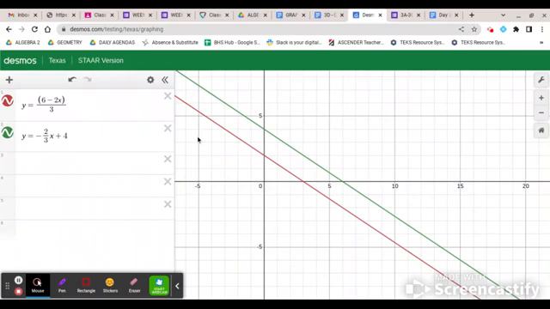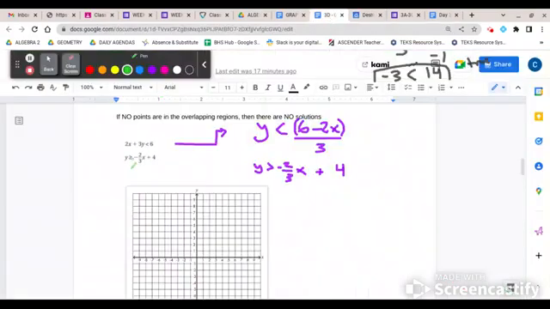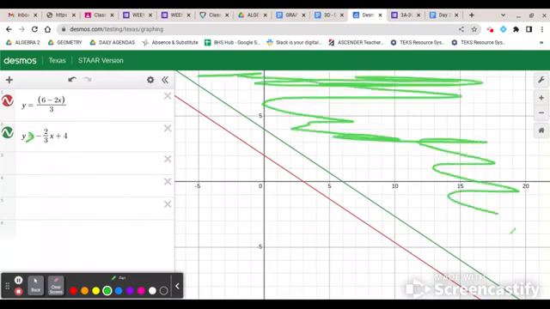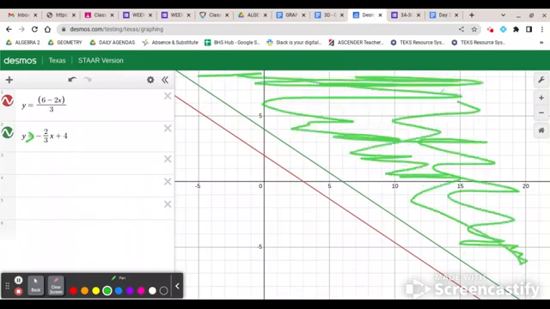I'm just going to stay on this graph right here because it's easier. So y being greater than negative 2/3 x plus 4 means we're going to shade all the way above the green line, all the way up here.